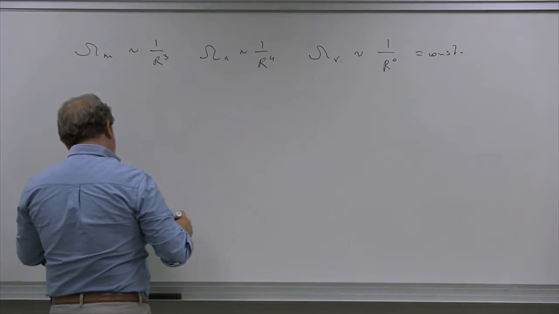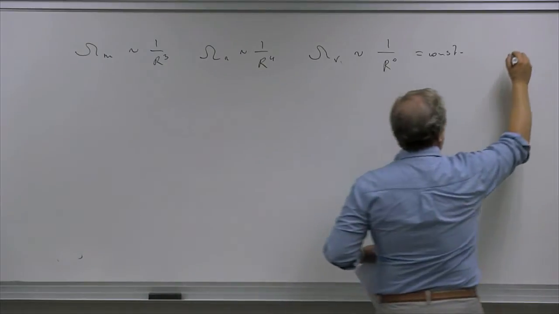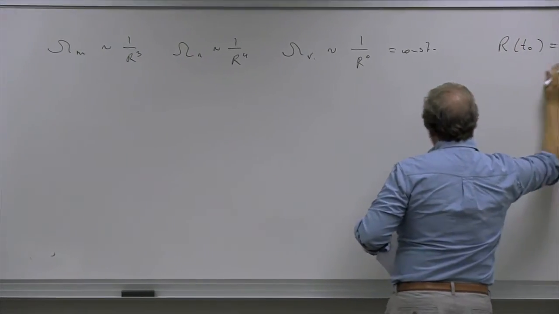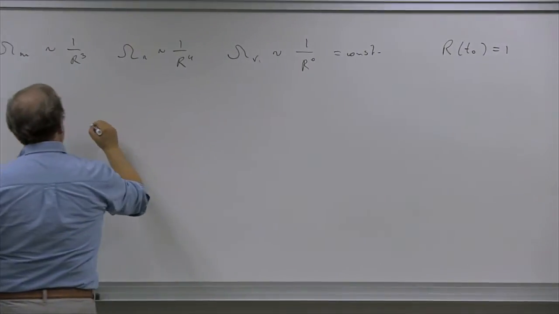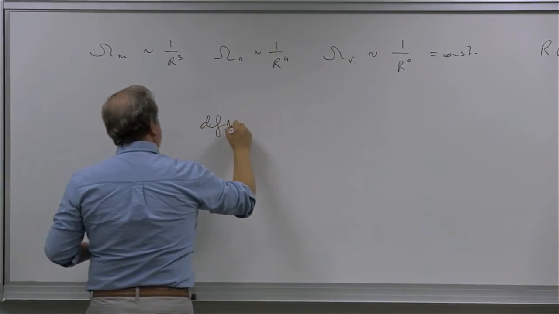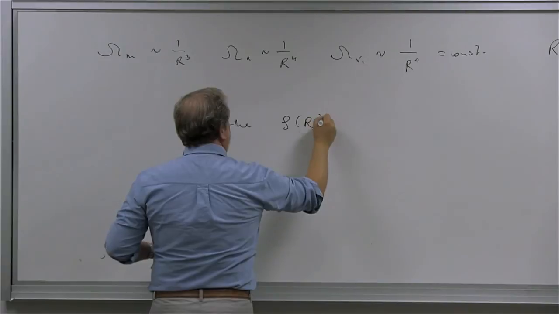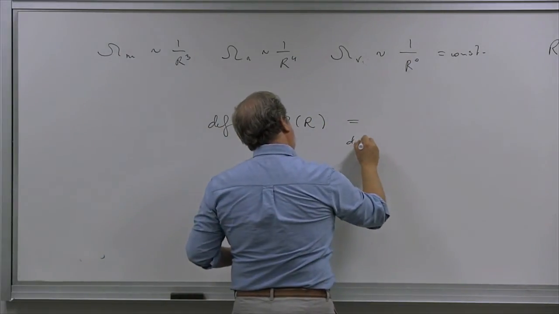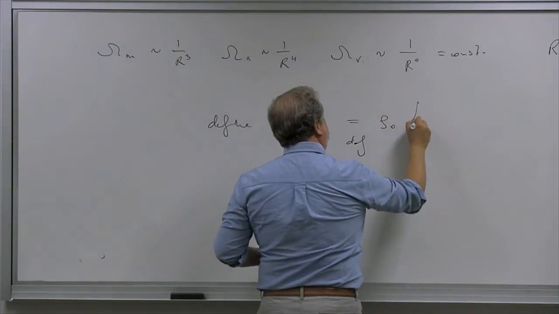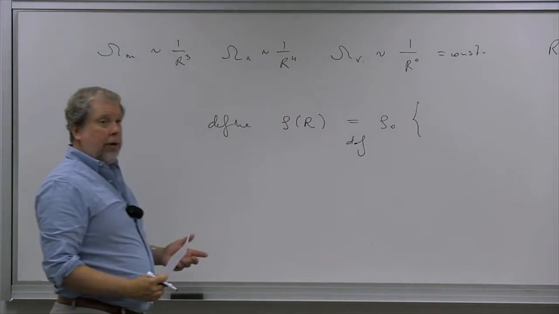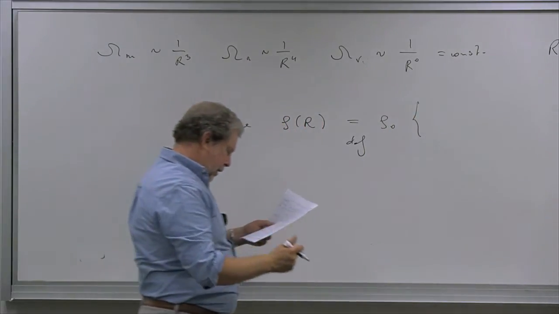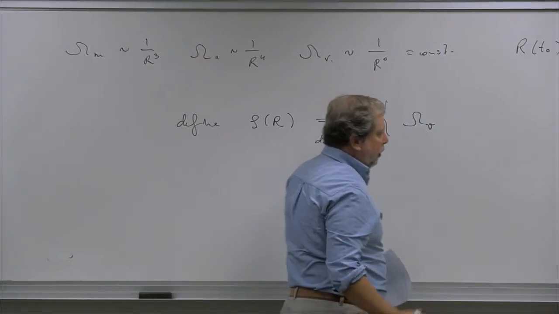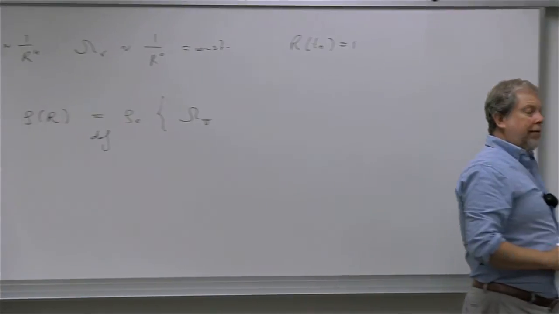And so we pick the scale factor r of t naught to be equal to 1. And so we can define rho of r in the following way, as rho naught times all the different contributions to it. The first contribution is the vacuum energy that appears in the field equations.